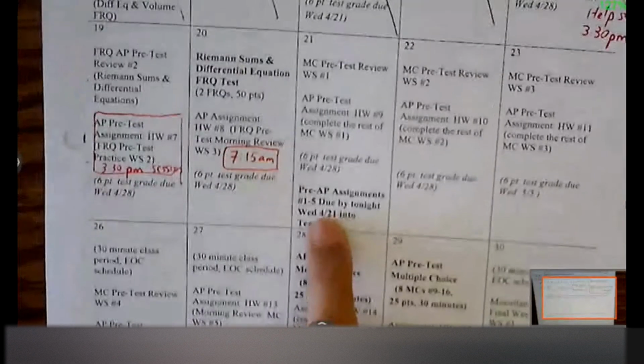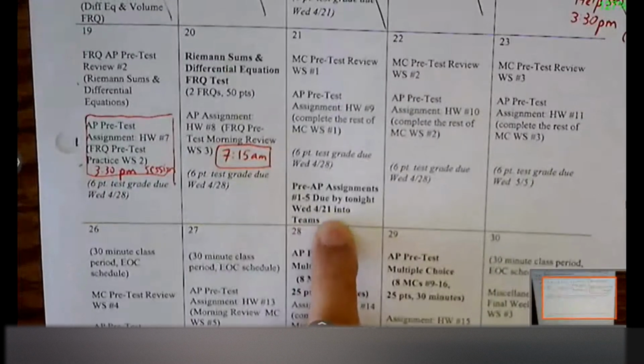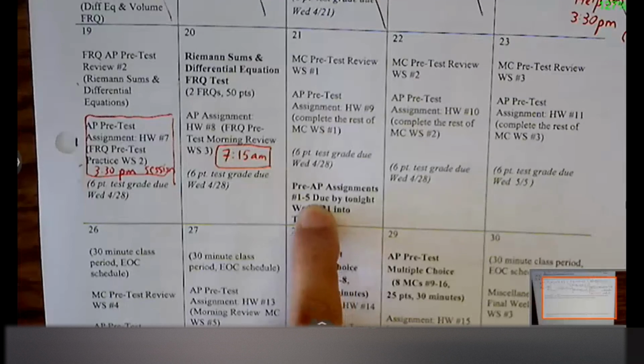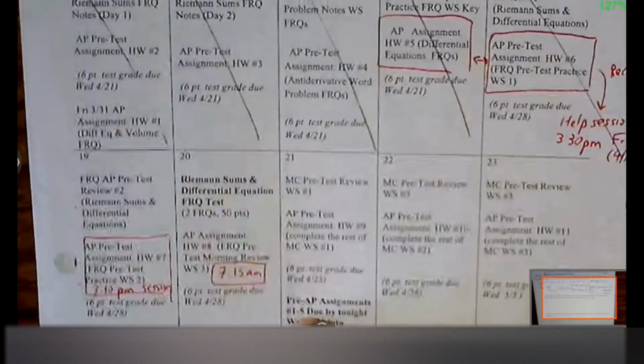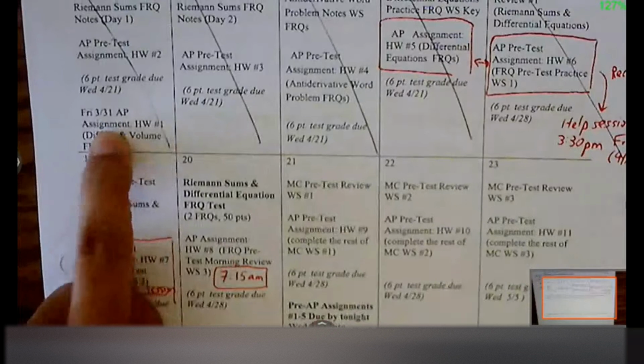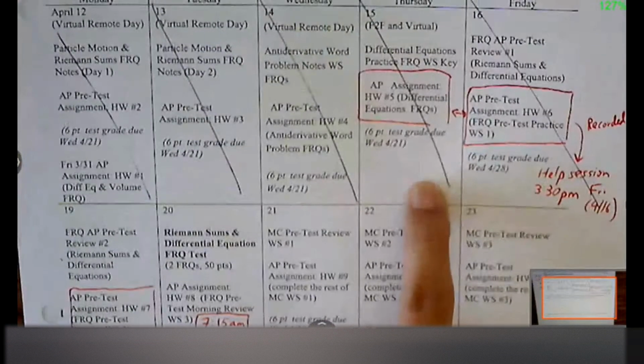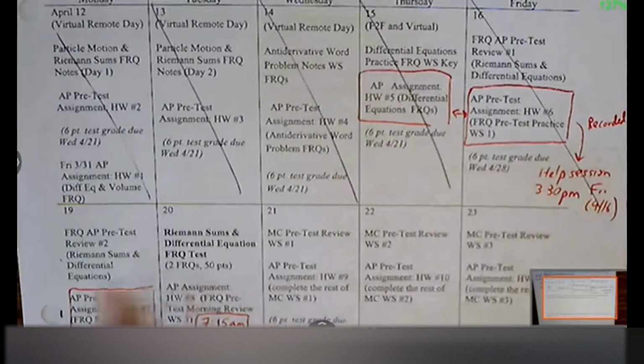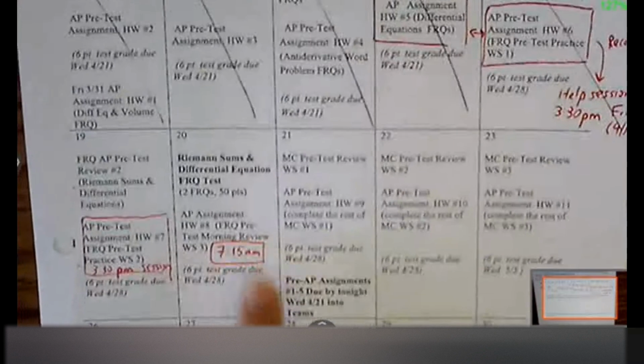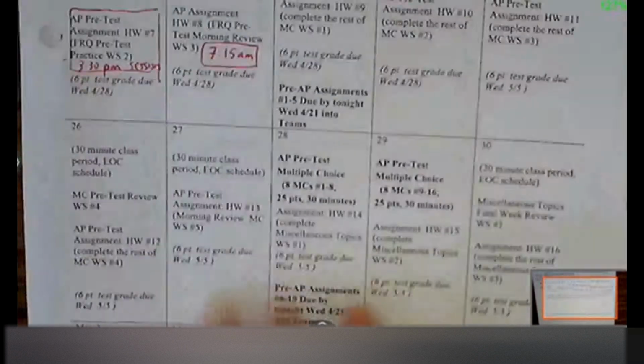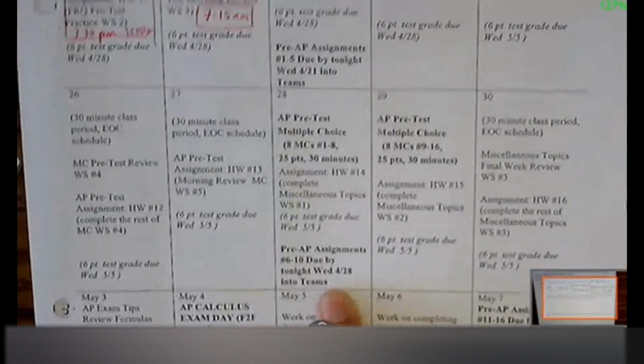Then Wednesday is when you'll turn in your assignment 1 through 5 through Teams. 1 through 5 is just the assignment from the Friday before break to last Thursday. Friday and yesterday and tomorrow's work is all due with the next batch, which is 428.